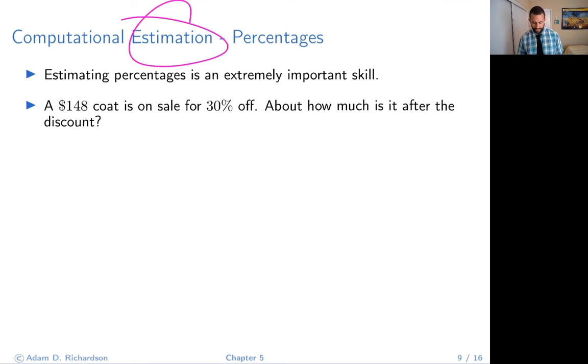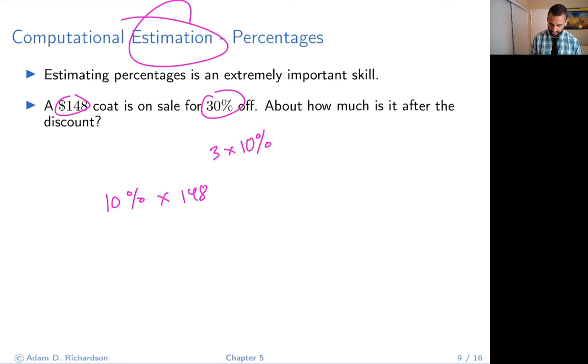Okay, let's talk about it. The idea is this. 30% off of 148, I don't know. But the nice thing is that now that I know about numbers and our numeration system, I know that 30% is the same as 3 times 10%. Well, how much is 10% of 148? 10% of 148 is 14.8.